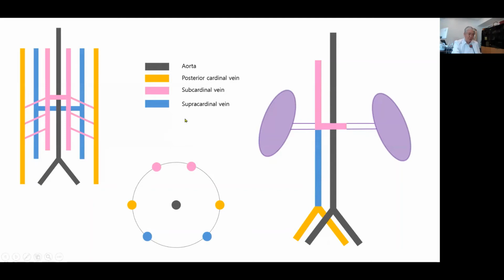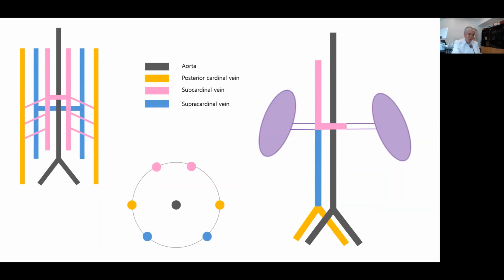Embryogenesis of the left renal vein starts from these yellow-colored paired posterior cardinal veins in the 4th week of embryogenesis, and it is formed by appearance, persistence, fusion, and disappearance of the subsequent pink-colored subcardinal veins and blue-colored supracardinal veins.